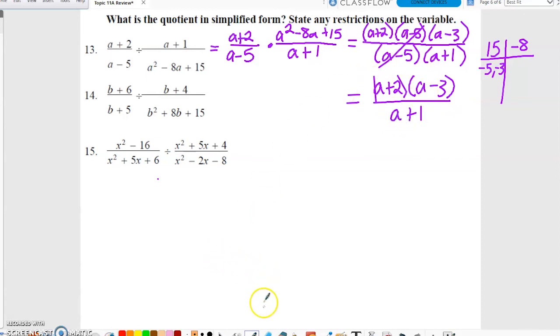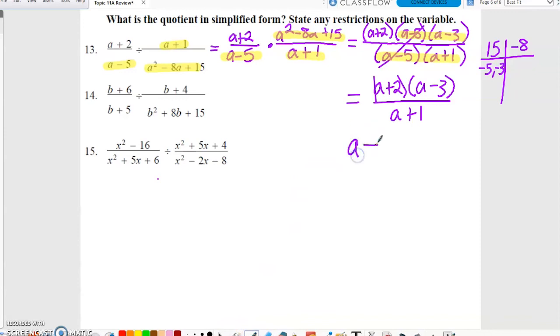Now, going back real quick for my restrictions. Again, restrictions we're going to get from here, here, and here. So just to bring that on over, that's the a minus 5, the a plus 1, this trinomial here. In factor form, that's both of these on bottom, and then that's these two on top. So I need to set all of these equal to 0.